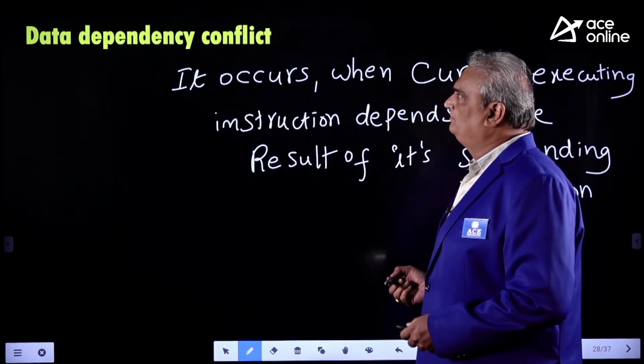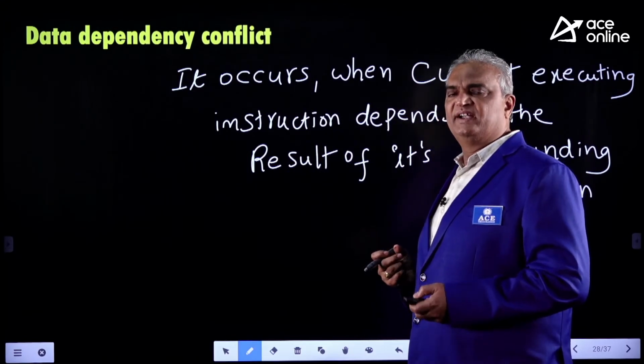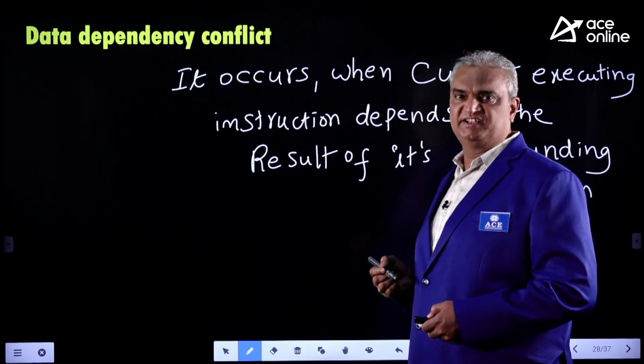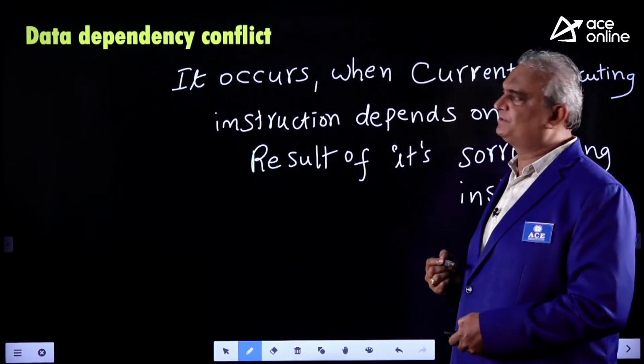If the result is available, then this conflict does not occur. To resolve this, the operand forwarding technique is the best method. It is costliest, but the target operand is directly supplied from the external source.